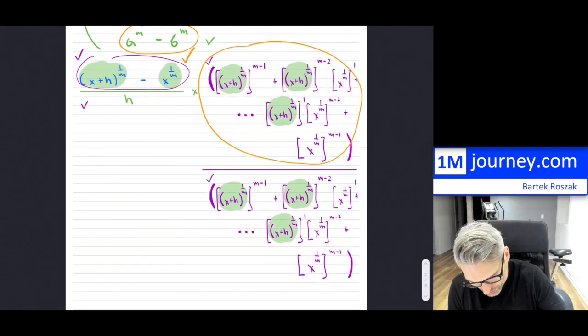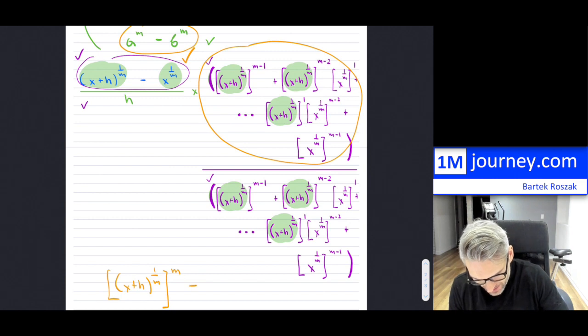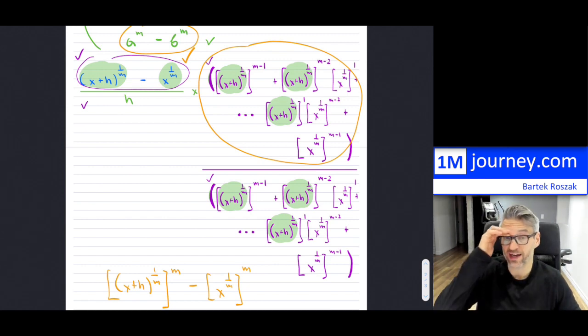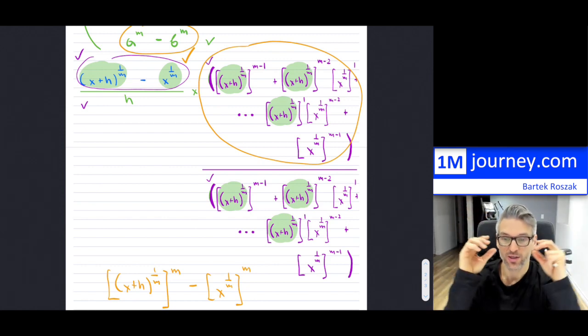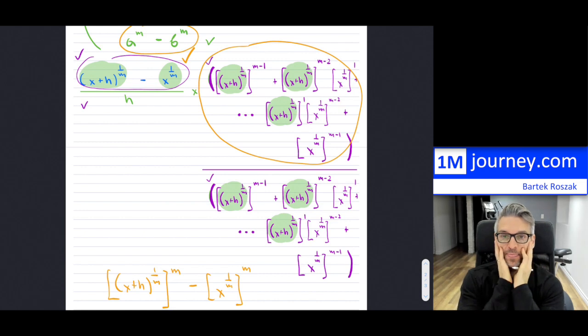If I would do that, then that's going to be equal to x plus h to the 1 over m, to the m, minus x to the 1 over m, to the m. That's in my numerator.